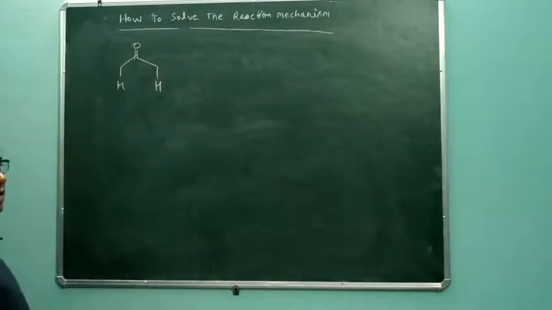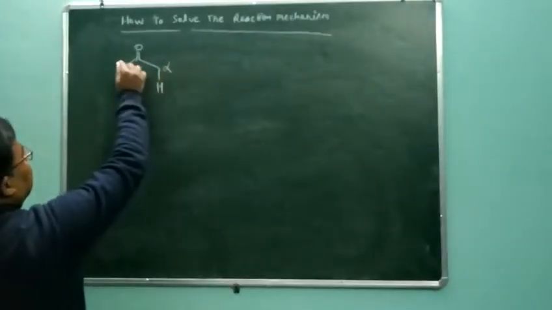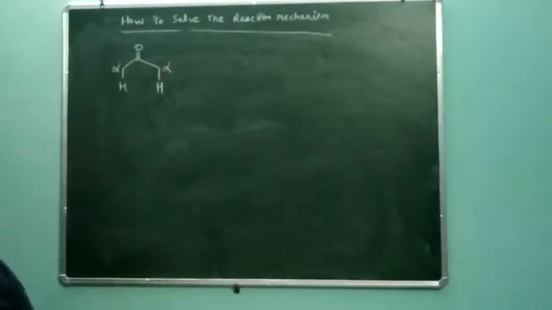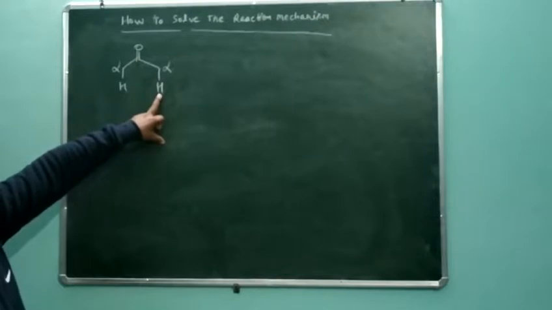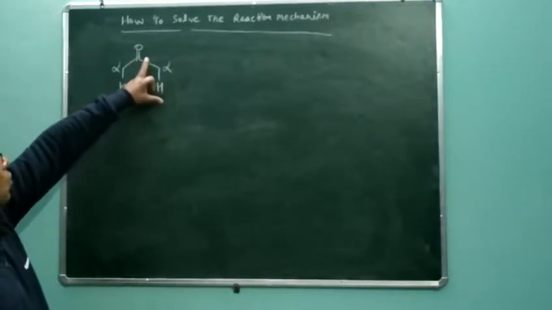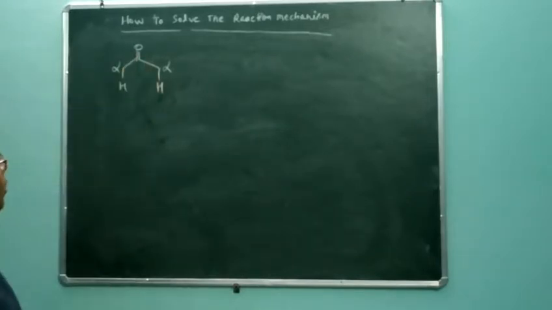You know this is a carbonyl compound. This is the alpha site of this molecule, and you know this hydrogen atom is acidic in nature due to inductive withdrawal of the carbonyl group in the presence of base.